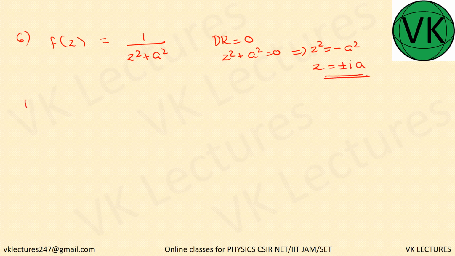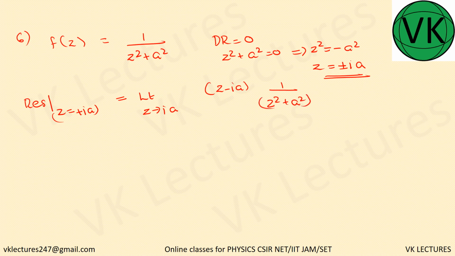So residue at z is equal to plus ia is equal to limit z tends to ia, z minus ia into 1 by z square plus a square.